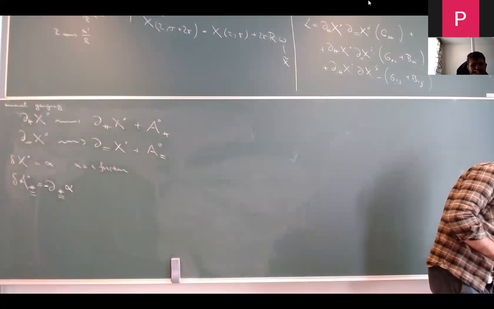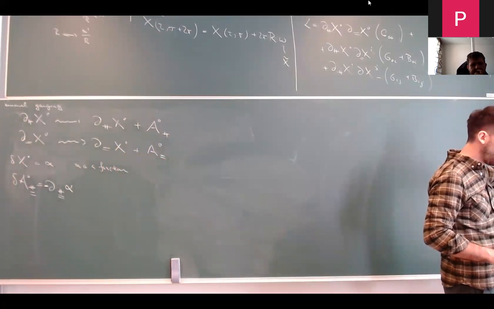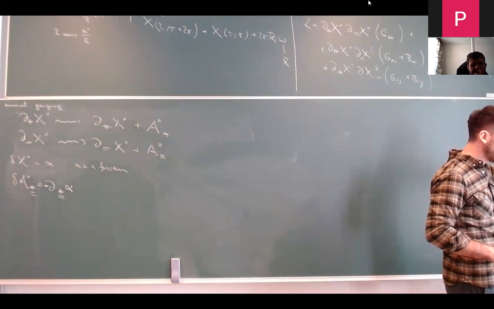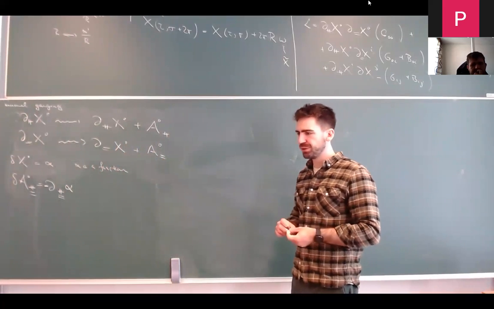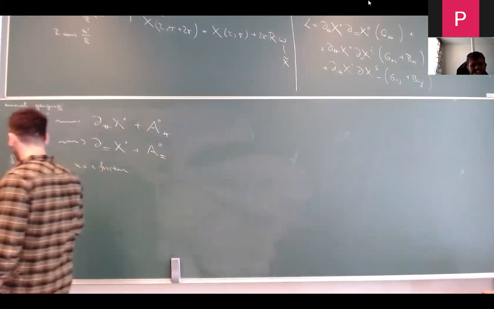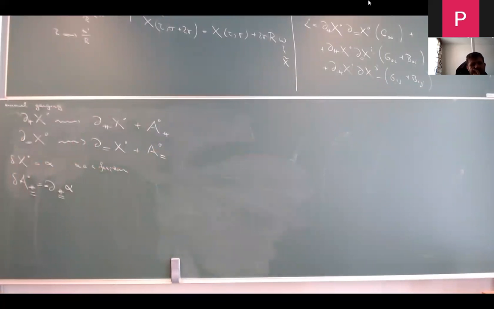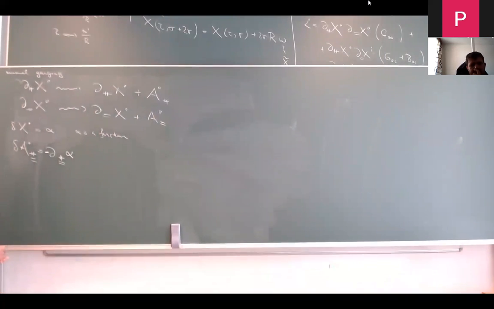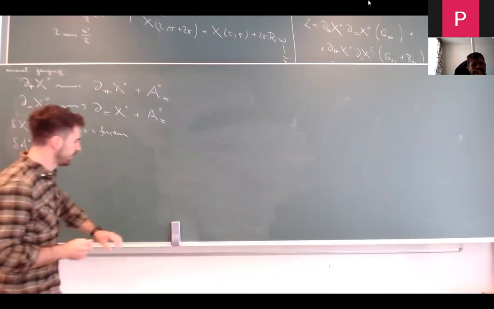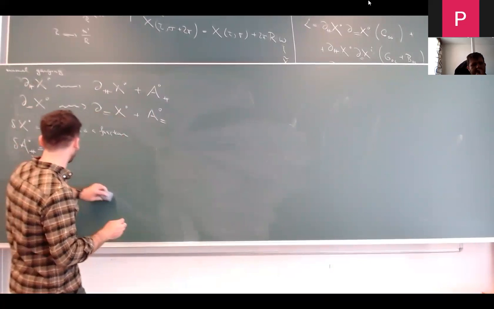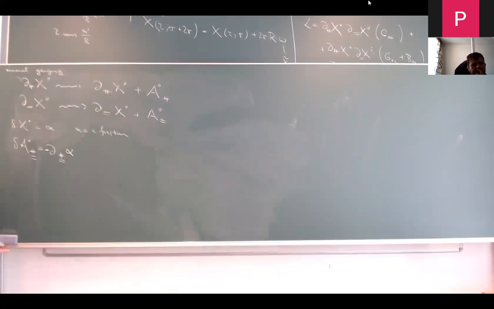But now we change the field content of our Lagrangian. We have a new field A, and we can add an extra term. I'll first write it and then explain why it's a good idea.